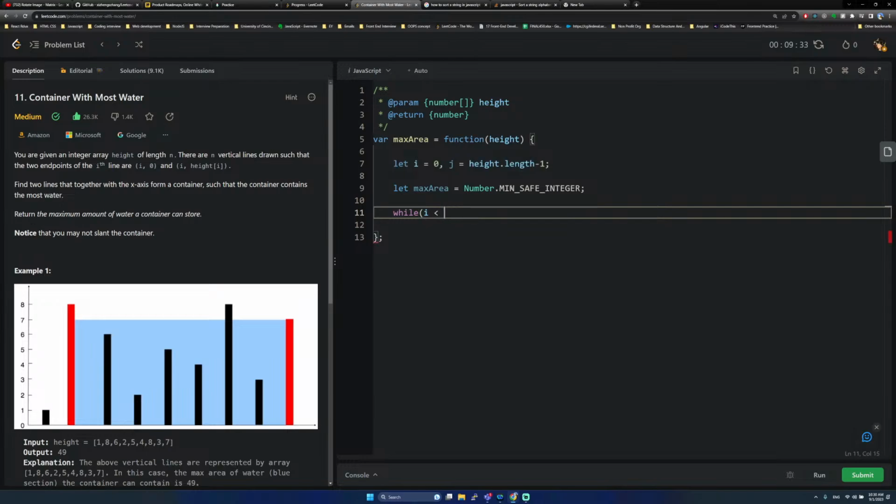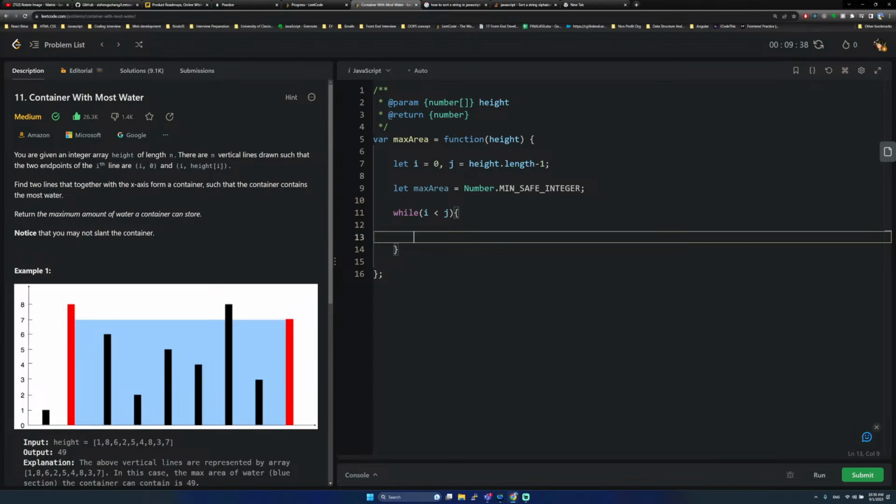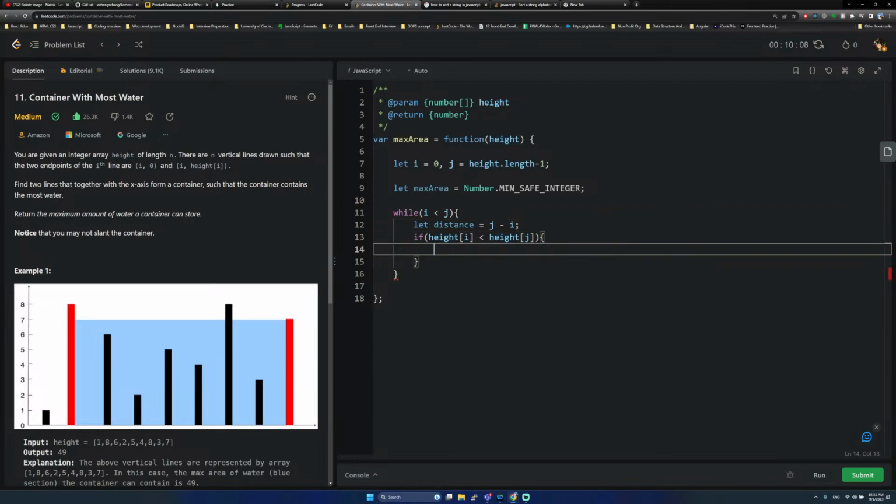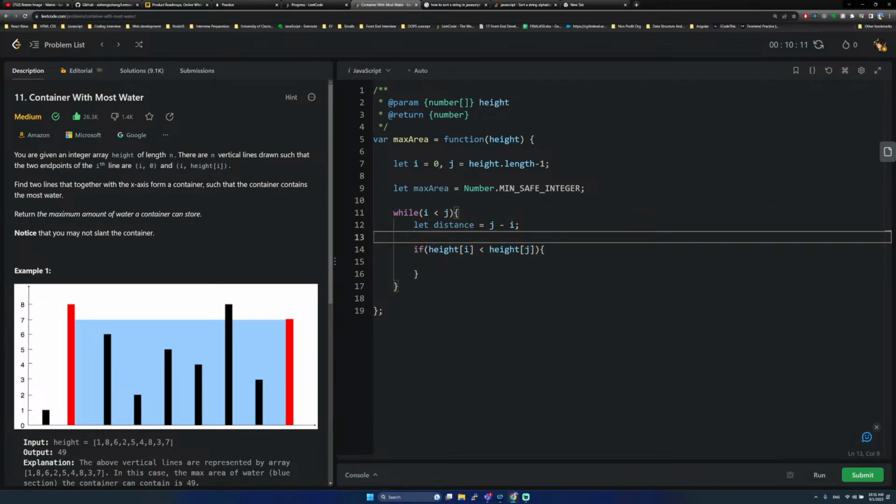So while i is less than j, we have to do this. We have to compare the height of i and j. Let distance be j minus i, so j minus i would give us the distance between the 2 points.